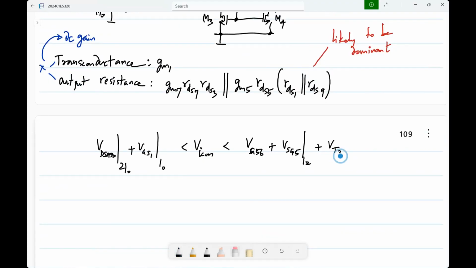And this itself has to be less than or equal to VDD minus VD sat 10 at a current of I naught plus I2, VD sat 9.